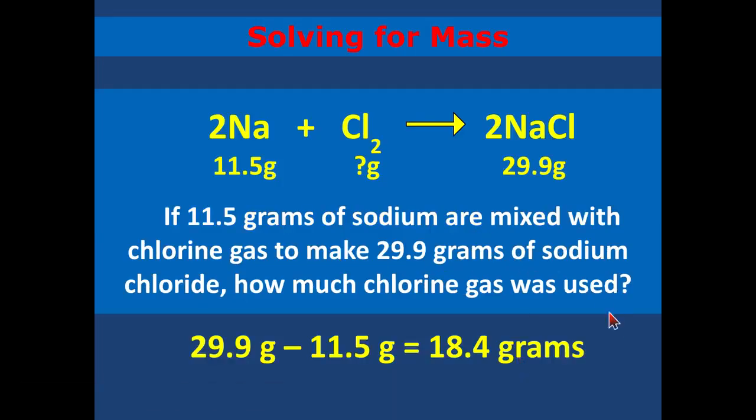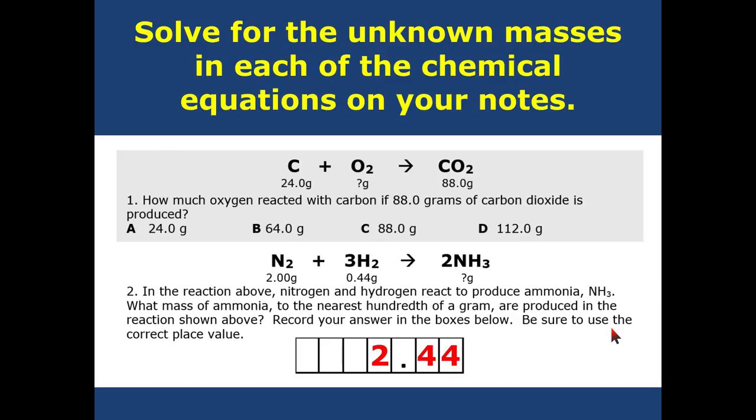Same thing here, another question. You can pause it and check it out if you wish. Another one here. How much oxygen reacted with carbon if 88 grams of carbon dioxide is produced? Do that math, figure that question out. Same thing over here.